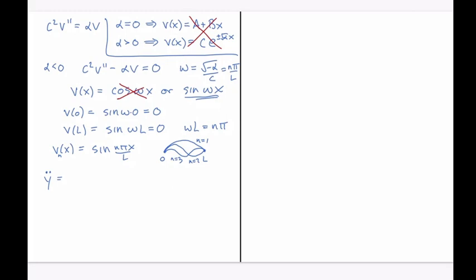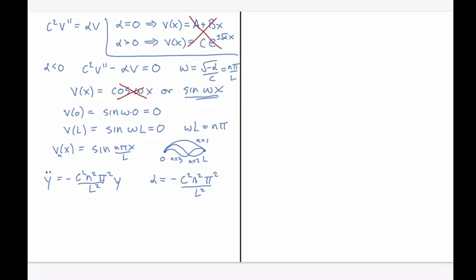So if I solve that for alpha, I get alpha equal minus c squared n squared pi squared over L squared. And so that means that I have minus c squared n squared pi squared over L squared multiplied by y.